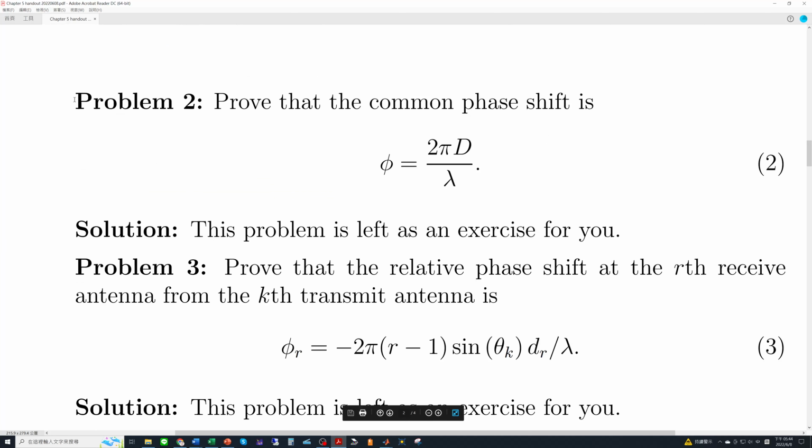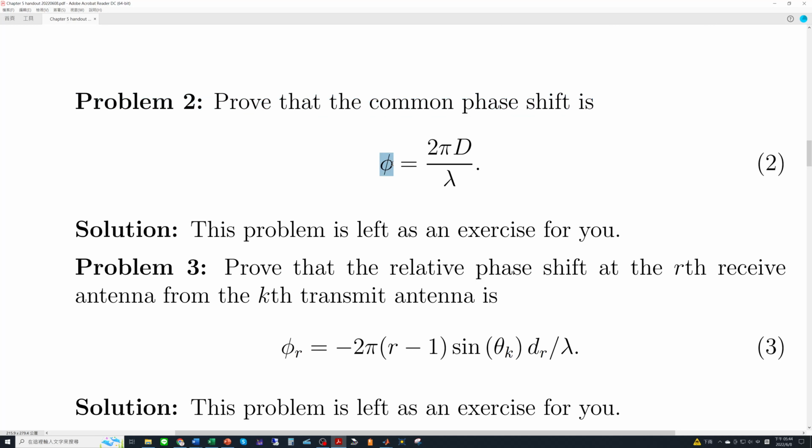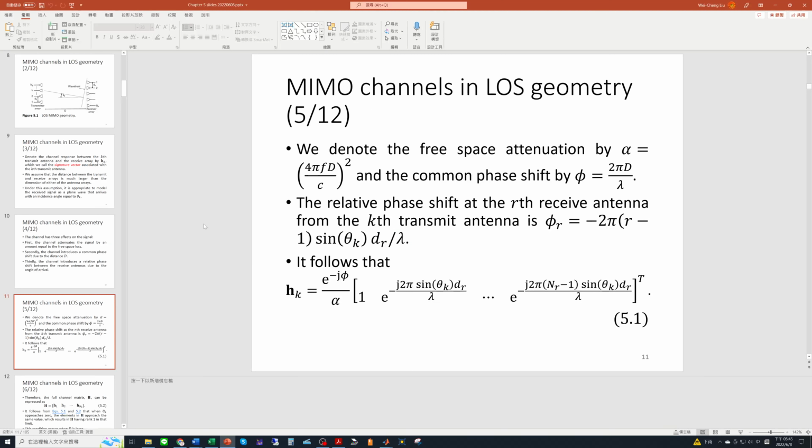Let us see problem 2: prove that the common phase shift is phi equal to 2 pi d over lambda. This problem is left as an exercise for you, because I think it is very easy. Let us go back to the slides.